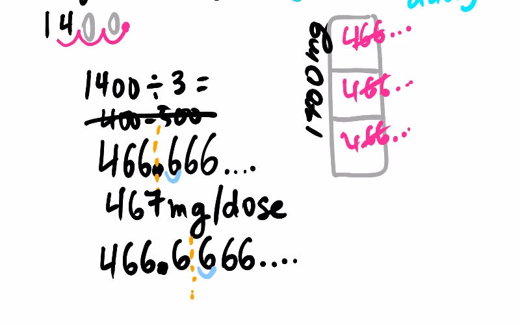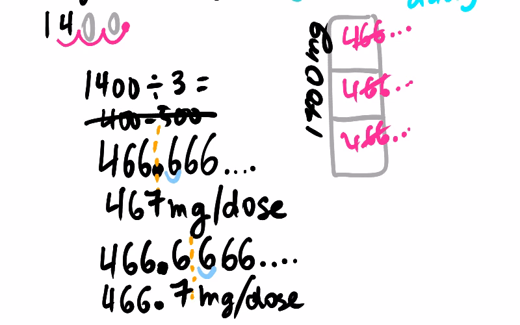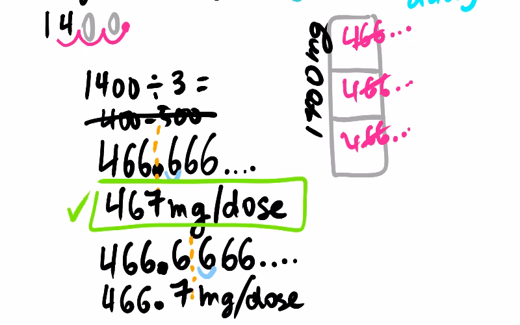Again, it decides that we need to round up. So our answer is 466.7 milligrams per dose, each single dose. Probably the whole number here would be a sensible rounding for us, because it's not a very small quantity, so the 0.7 there will be all right.